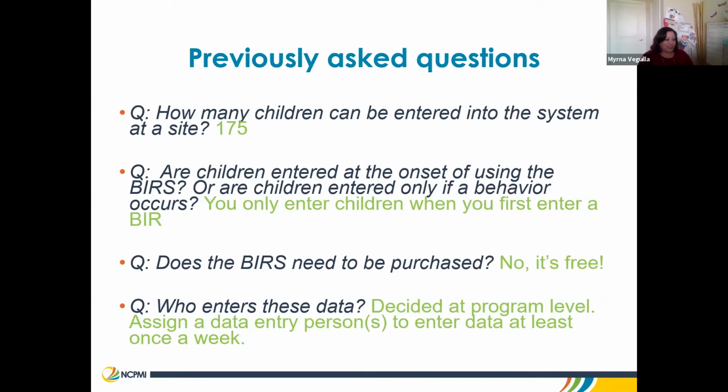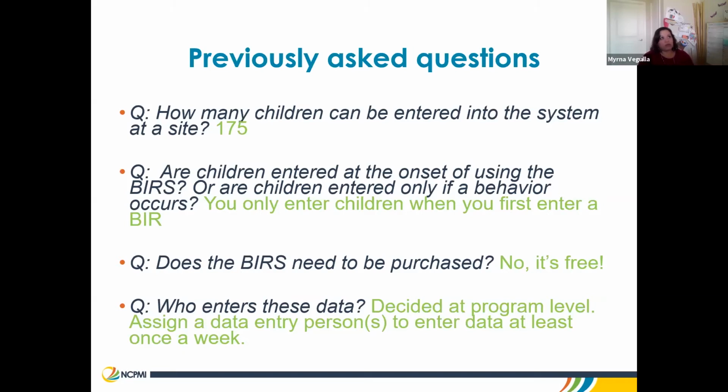Are children entered at the onset of using the BIRs, or are they entered only if a behavior occurs? So you only enter children when you first enter a BIR. And so you don't enter every child in your program. You can, if you have 175 or fewer, but you don't need to.